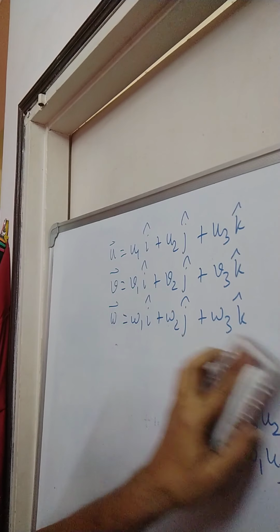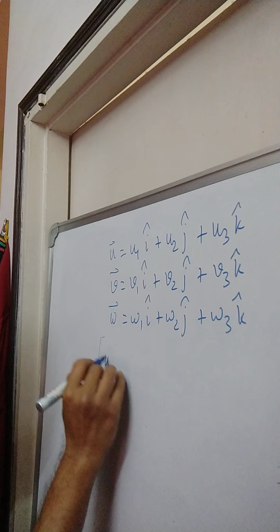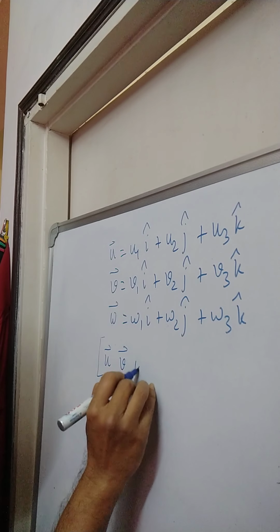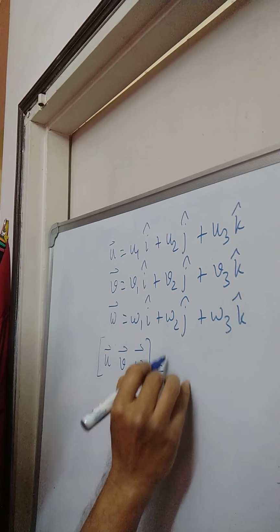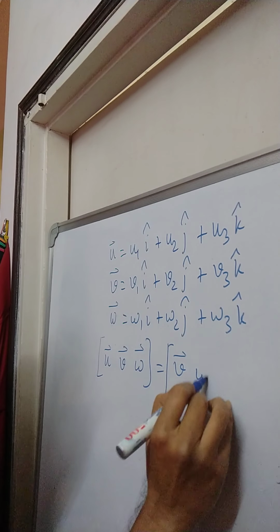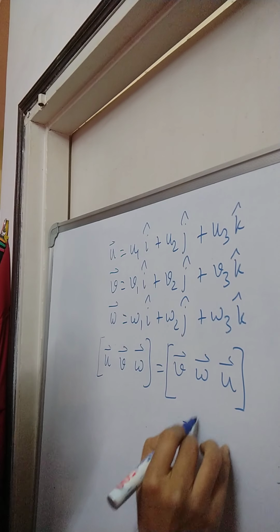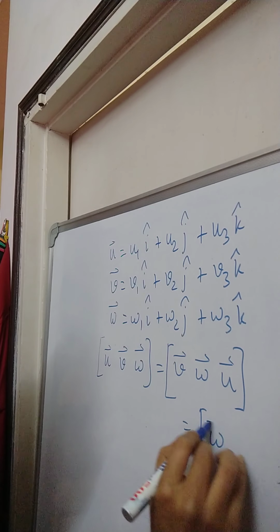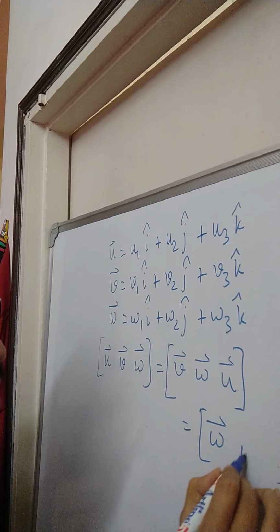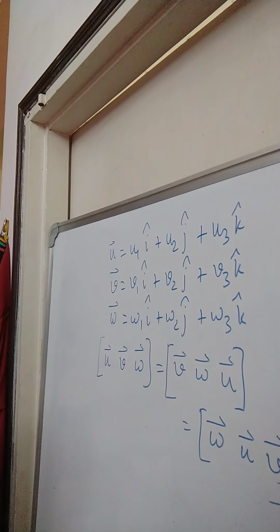Let us see. Whatever we have written, U, V, W is the same as V, W, U, and this in turn is the same as W, U, V.